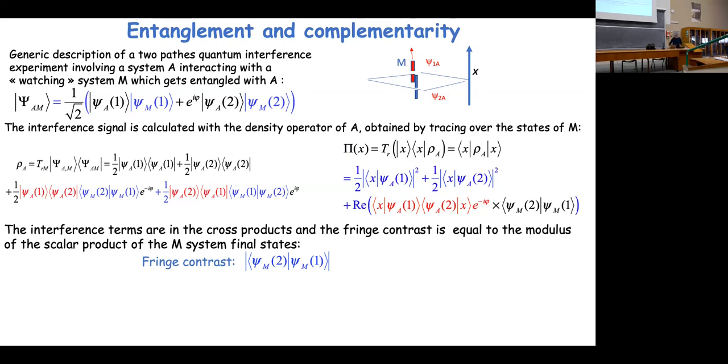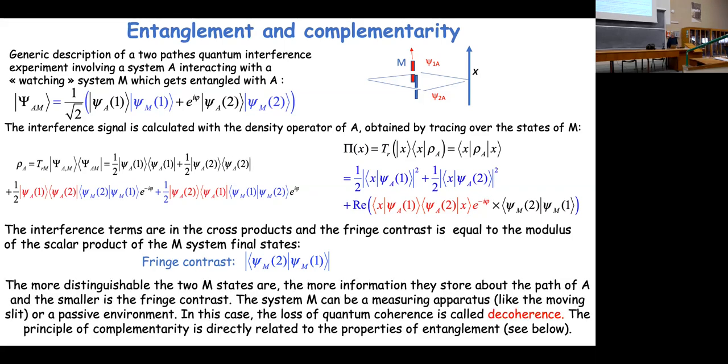So this is complementarity. The fact that you get information in the other system decreases the contrast, decreases the coherence of the two paths.